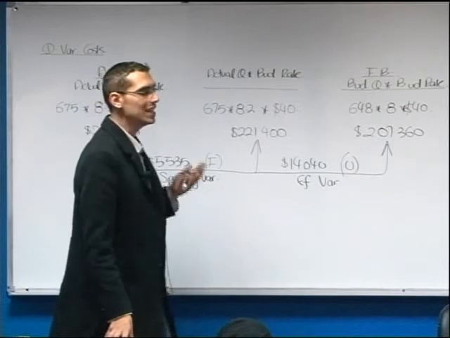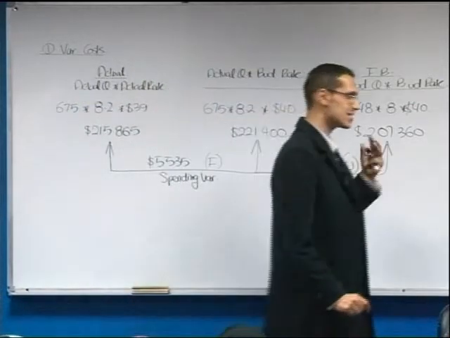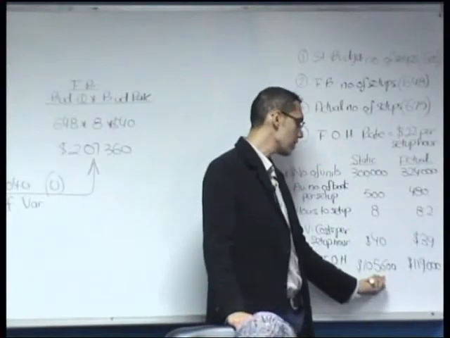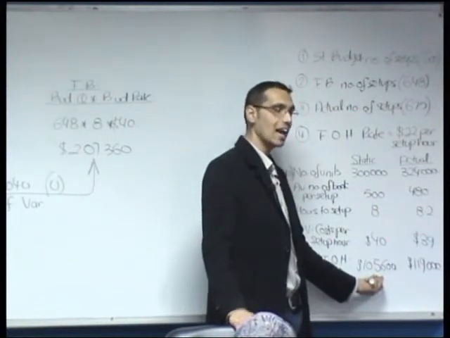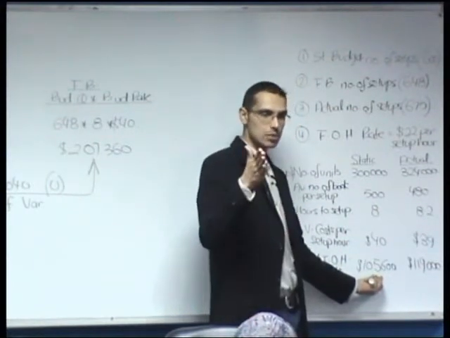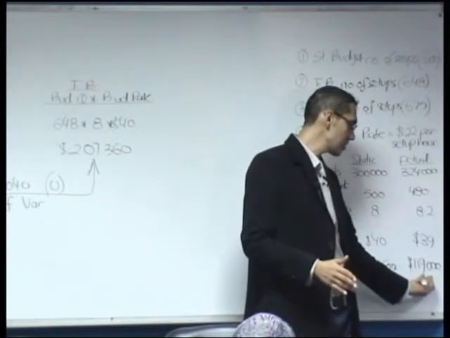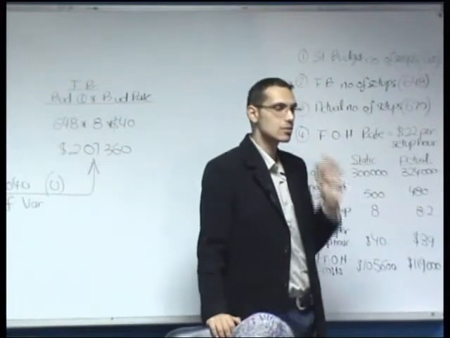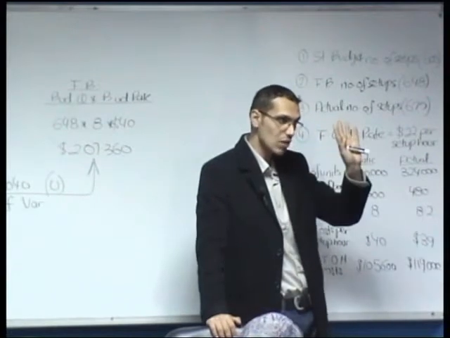Of course, we need the flexible budget amount, which is the same as the static budget amount. Therefore, we have the 105,600, correct? This is the flexible budget amount. And we know that the difference between the flexible budget amount and the actual amount, which is the 119,000, is only attributable to a spending variance, because we never have an efficiency variance, correct?